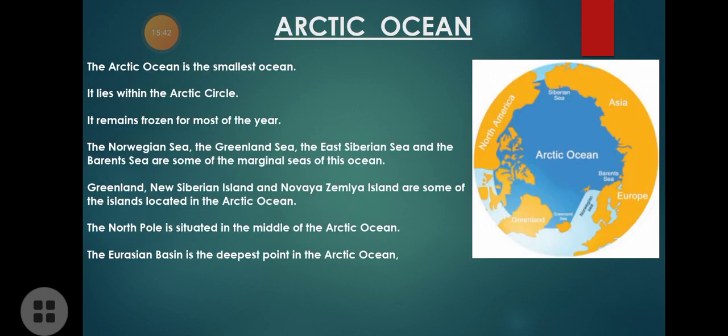So the last and final ocean is the Arctic Ocean, which is the smallest ocean in the whole earth, and it lies within the Arctic Circle, surrounding the North Pole. It remains frozen, in ice state for most of the year. Some of the seas of the Arctic Ocean are the Norwegian Sea, the Greenland Sea, the East Siberian Sea, and the Barents Sea.